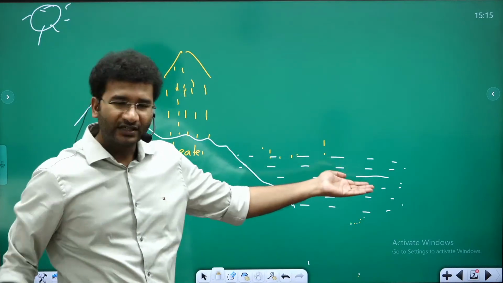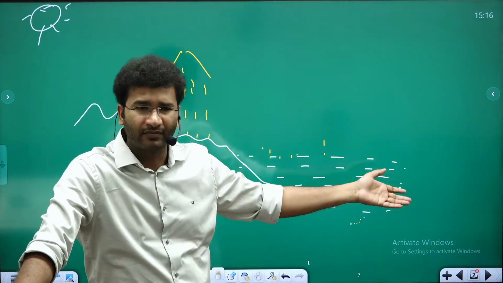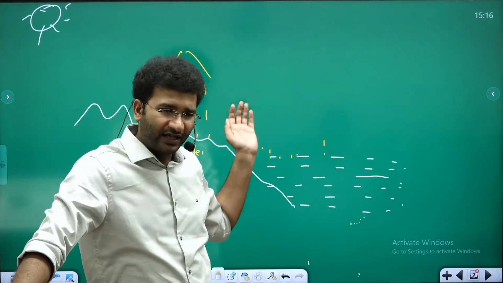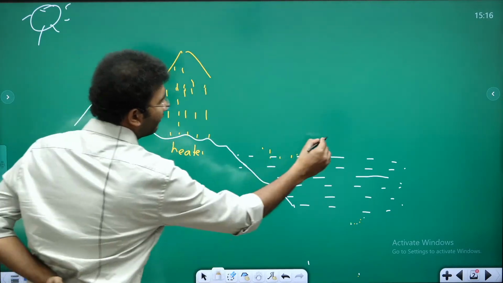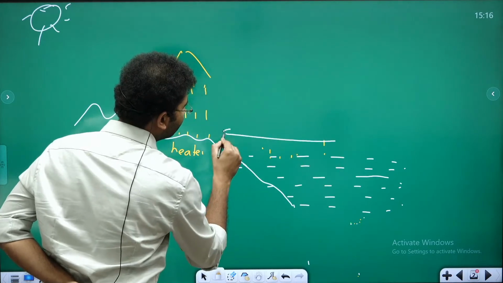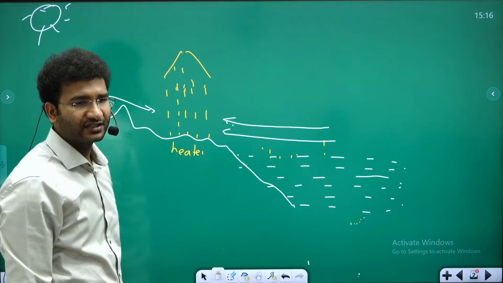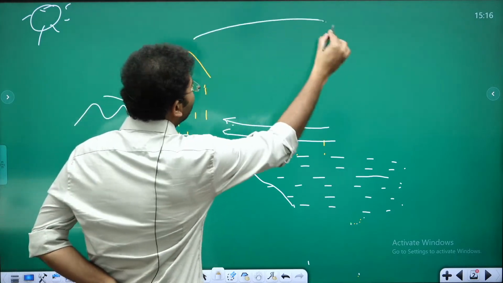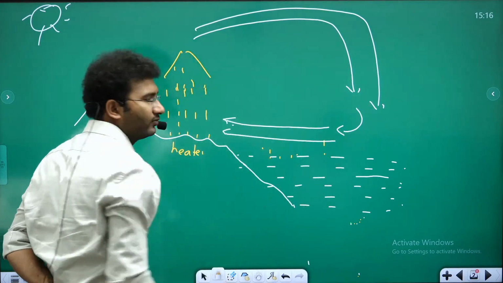Water takes little time to heat; it gets heated only at night time, and by then the land has cooled again. So during the daytime, the wind will start to move towards land, and then it makes a cycle. This is how the wind starts to move.